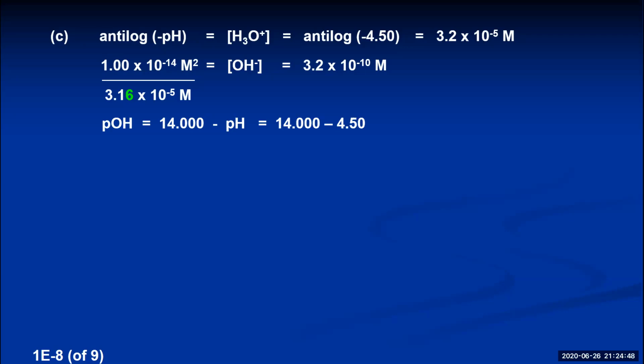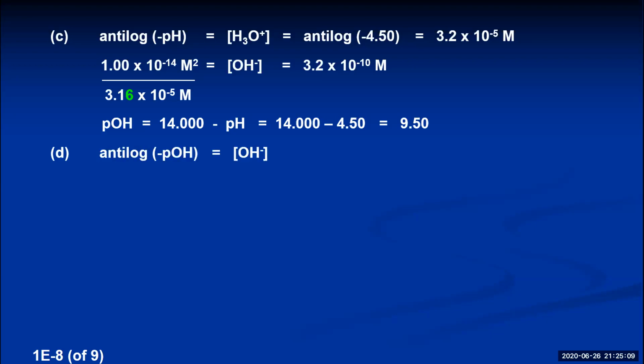We could have actually done this first. And if we subtract those, because it's a subtraction problem and the 4.50 is only accurate 2 places past the decimal point, my answer will be rounded 2 places past the decimal point. That comes out 9.50. In D, we're given the pOH of a solution of 6.40.